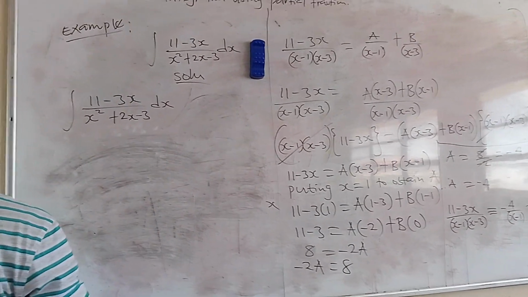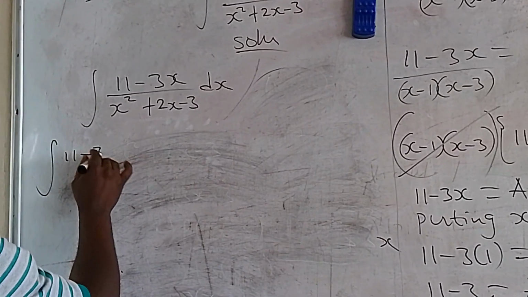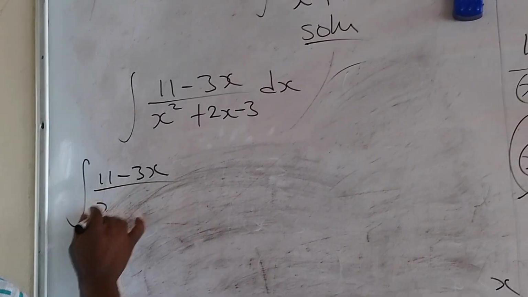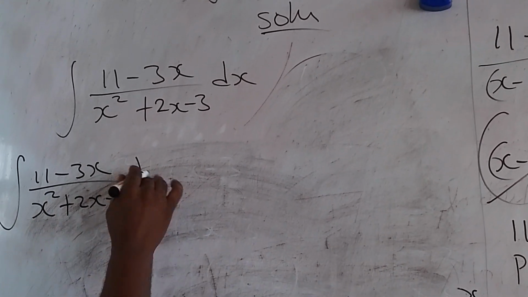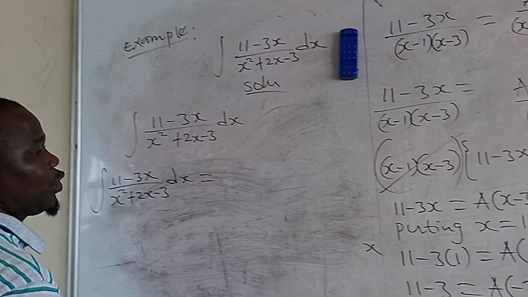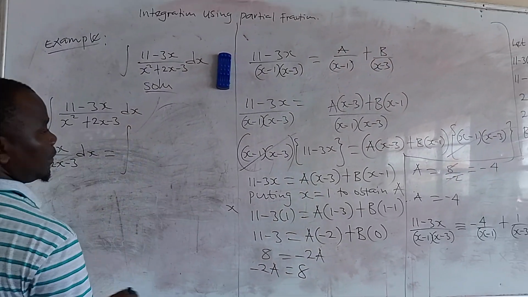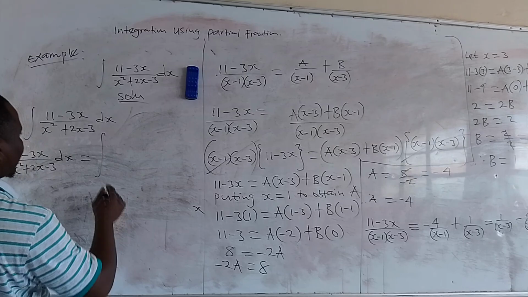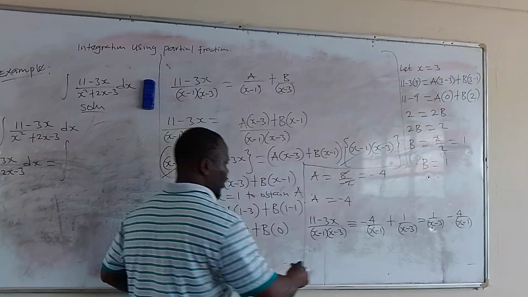So it implies that integral 11 minus 3x all over x squared plus 2x minus 3 dx is equals to, this is the same thing as integral, you write out, because we have resolved it into partial fractions.